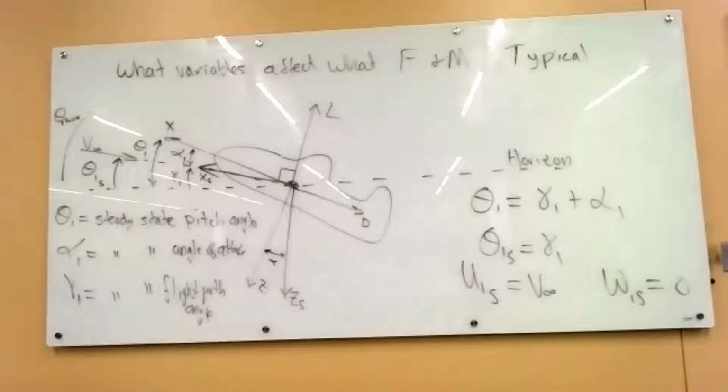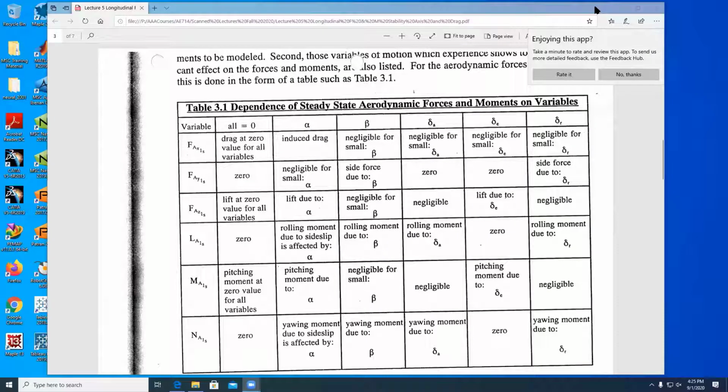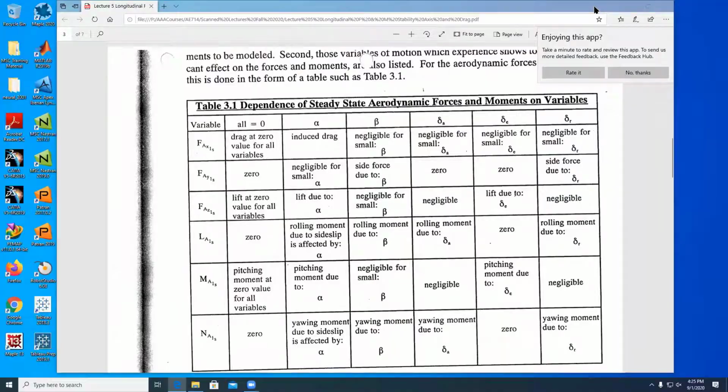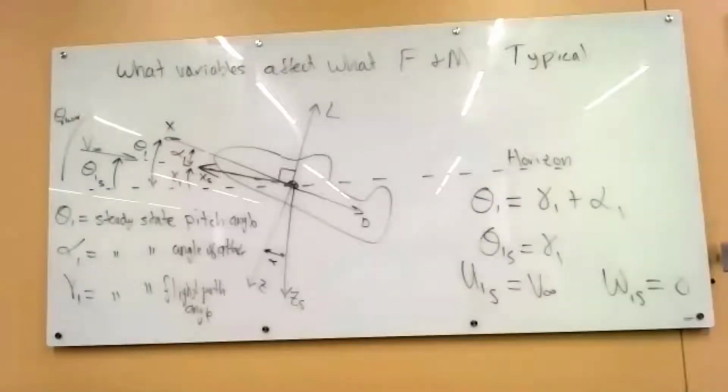If theta 1s and flight path angle are the same, then why are we renaming it? Hang on a second, I botched the share here. Sorry, I can't click and listen at the same time. All right, there I got it.